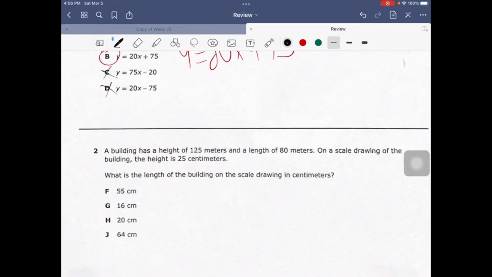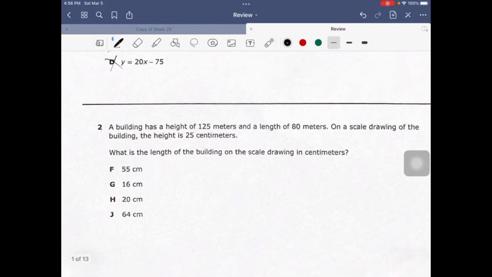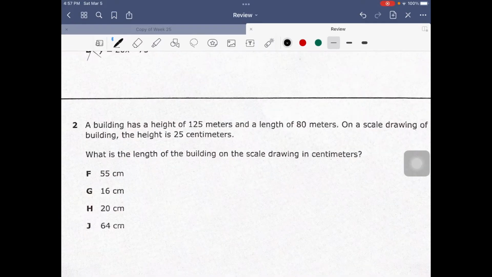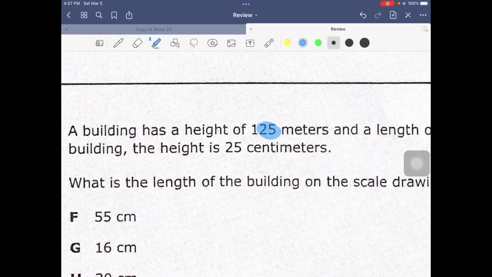Now, continuing on to number 2. A building has a height of 125 meters. Tiene una altura de 125 metros. A building. So let me just draw a little building right here. Windows. And that's an excellent building, right?